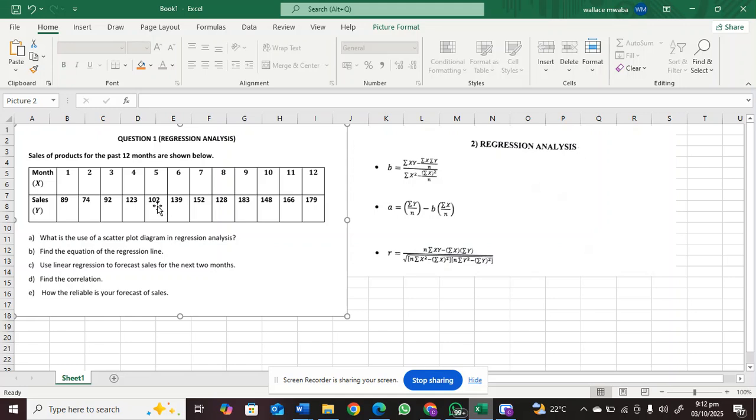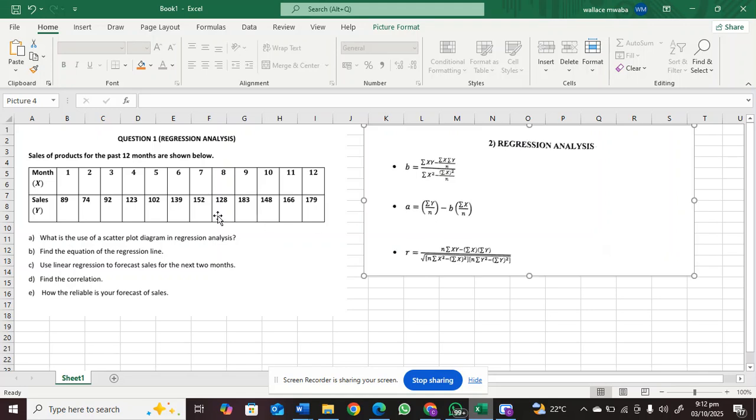So the first part of this question is, what is the use of a scatter plot diagram in regression analysis? Well, the scatter plot diagram gives us the visual relationship of these variables. When we plot a graph with these figures, we'll be able to see the type of relationship these variables have.